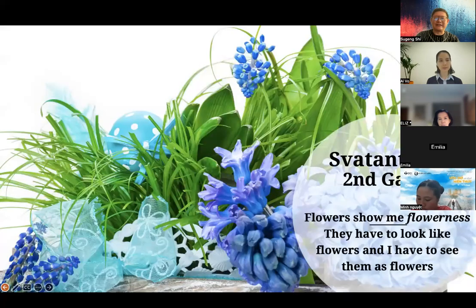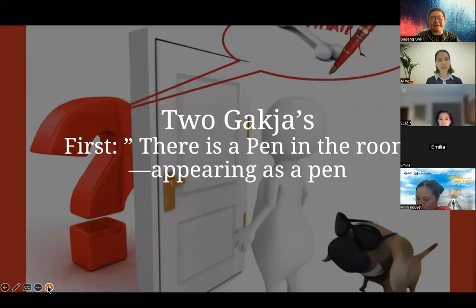So of course, the emptiness of this is that a flower which appears 100% and 0% from us is empty. That is emptiness, according to Svatantrika.